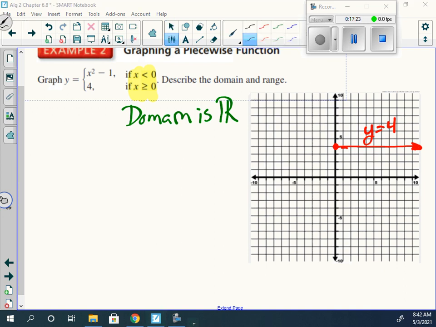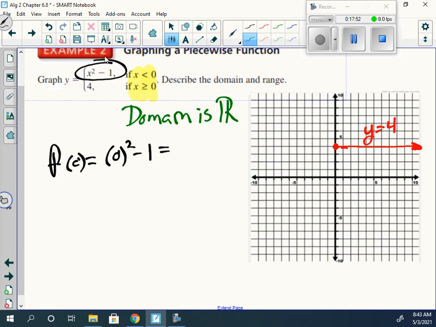Now we're going to look at the other function, x squared minus 1. Well, it's going to be less than or equal to 0, so this is going to be the left side. We're going to the left. Now, the biggest value that I know that it will go to is 0. It won't include it, but it is going to 0. So I'm going to find out what f of 0 is. So we'd have 0 squared minus 1.